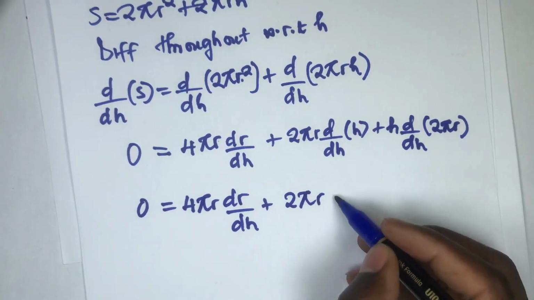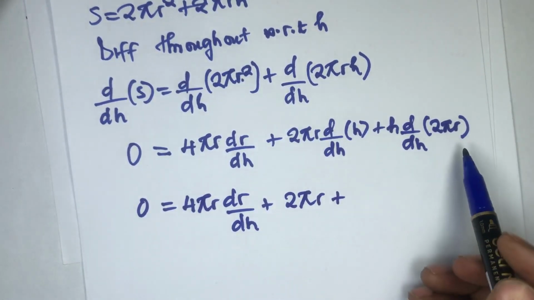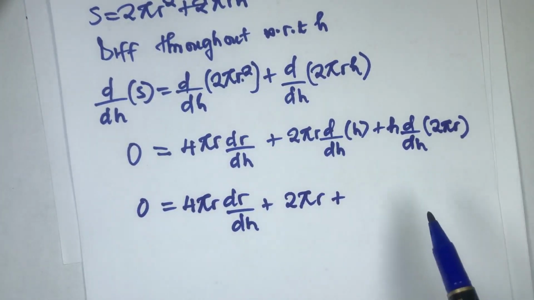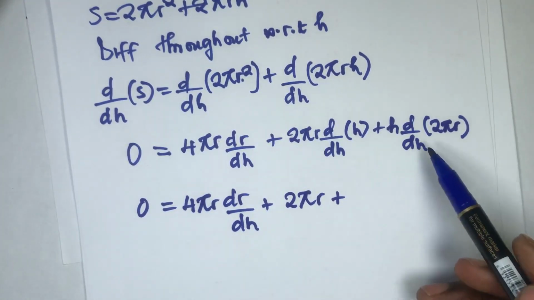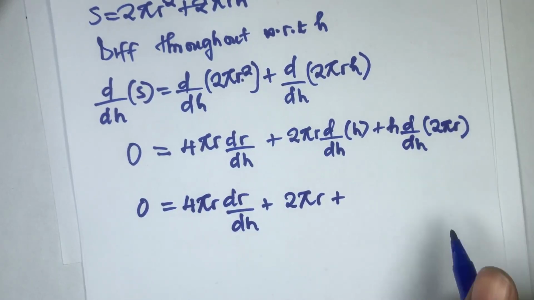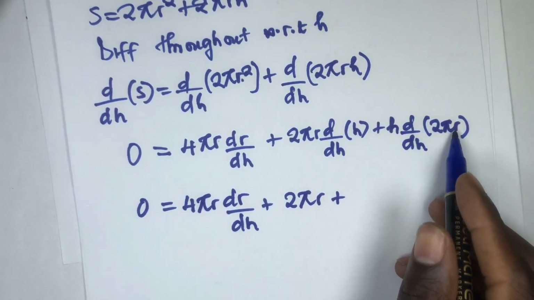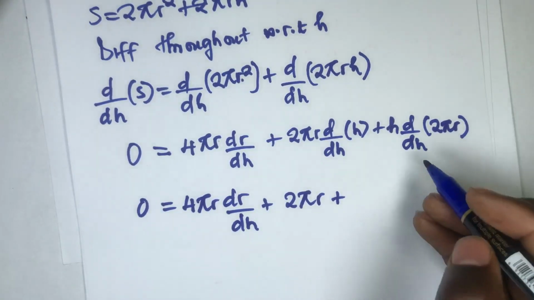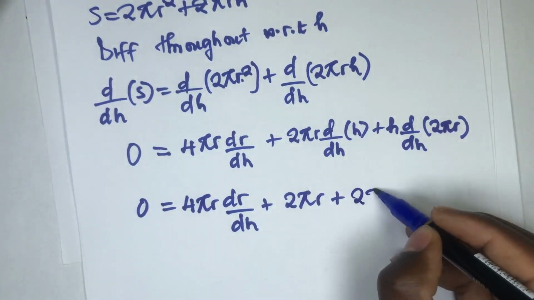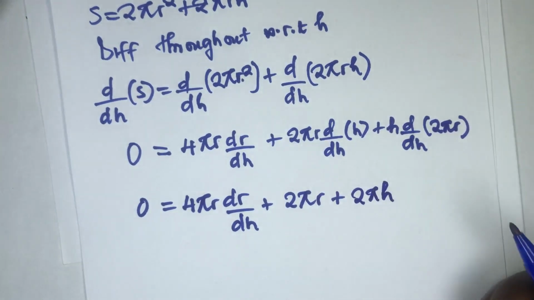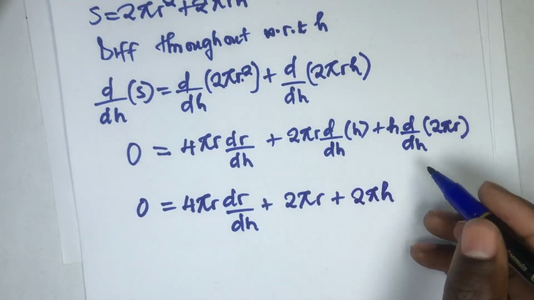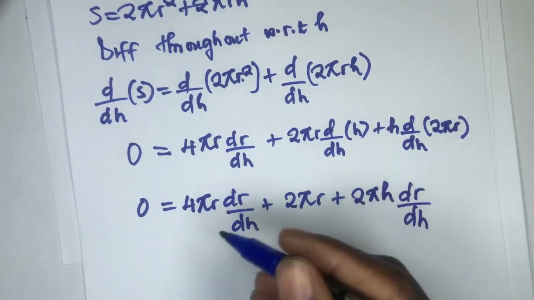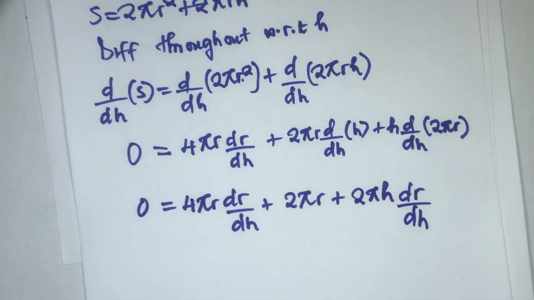Plus, now we're differentiating this r, which is a different variable from what we're differentiating with respect to. So we differentiate the normal way and get 2 pi h. Since these are different variables, we introduce dr/dh. This is what we call implicit differentiation.